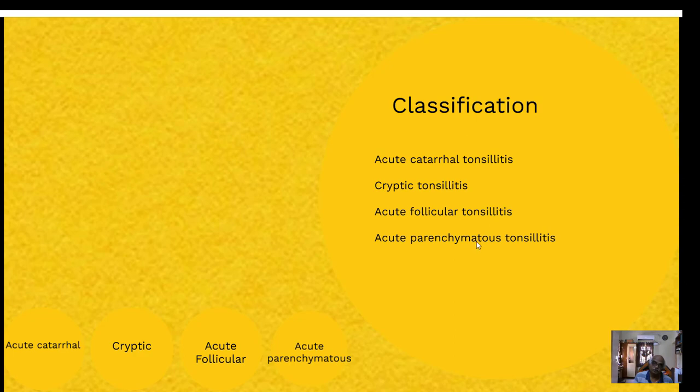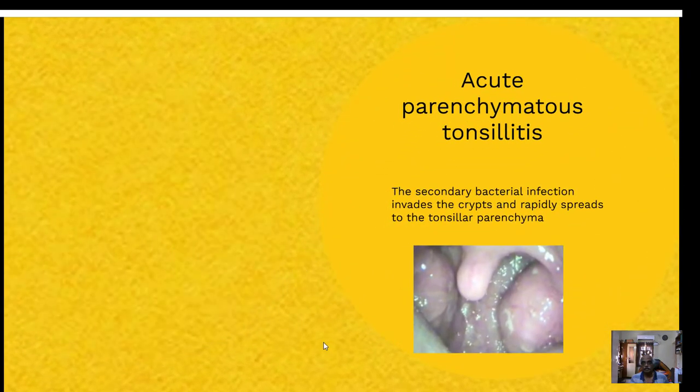Now let us come to acute parenchymatous tonsillitis. This is actually caused by secondary bacterial infection, which supervenes after the viral infection. The secondary bacterial infection invades the crypts and spreads to the parenchyma of the tonsil.